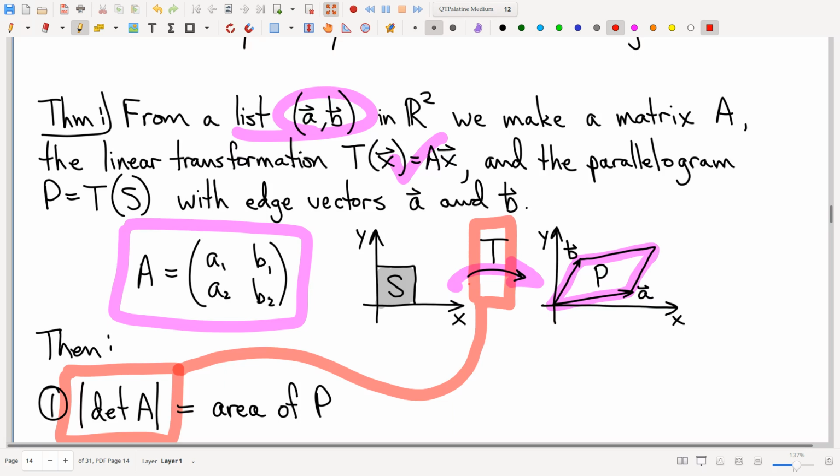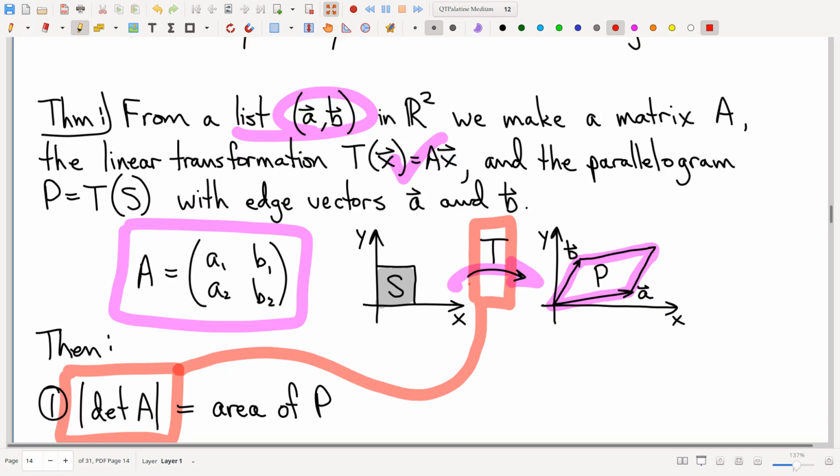It's how much does this guy stretch out areas? No square necessary, no parallelogram necessary. It describes a process, not a picture. And in different situations, that can be really, really useful.